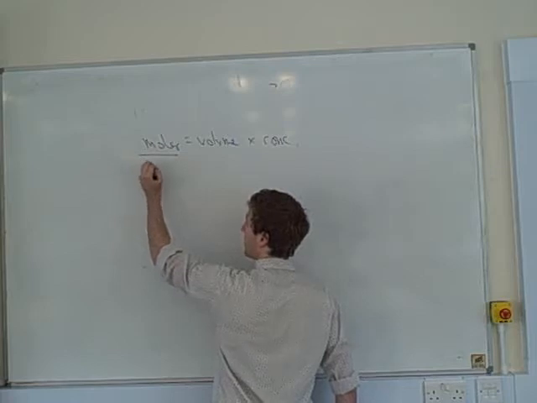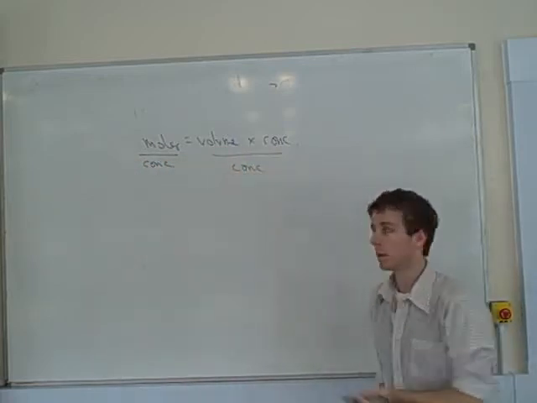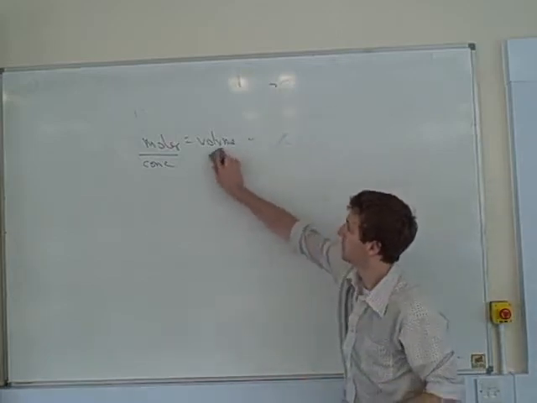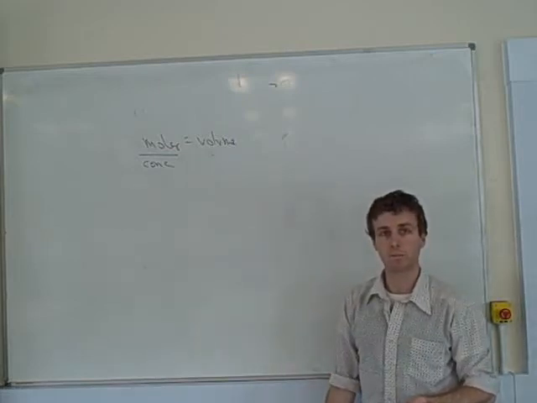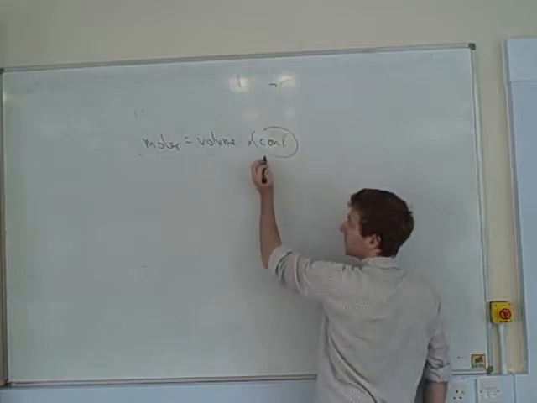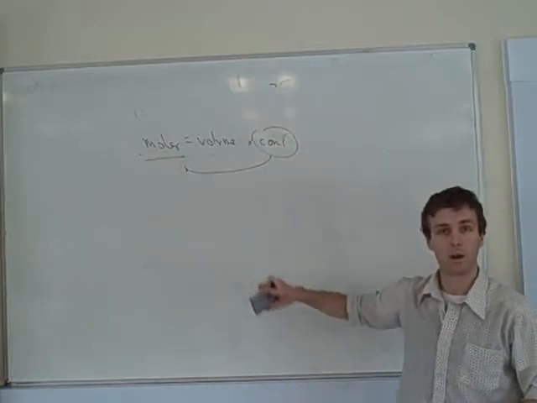So divide my left-hand side and divide my right-hand side. These two are going to now cancel, so I can get rid of them. I've got volume equals moles divided by concentration. Again, if you're good at maths, all I'm really doing is taking this concentration and sticking it underneath the other side as a divided by.